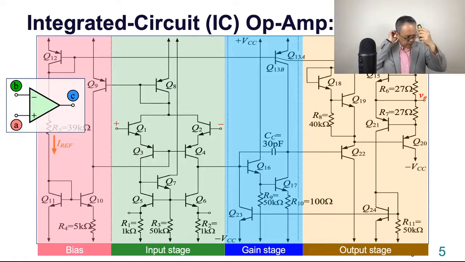So as I said, you might be wondering why this offset voltage happened. I have to find the balance again. I assume you don't have any strong background on analog integrated circuits, so we cannot go deep, okay?